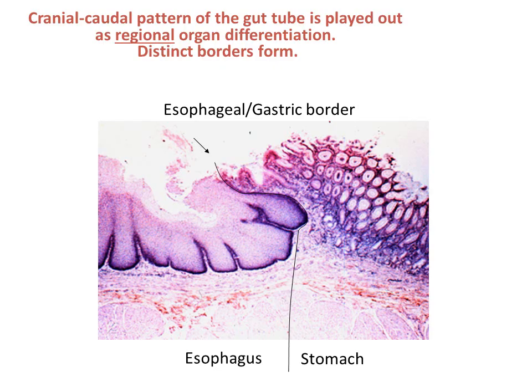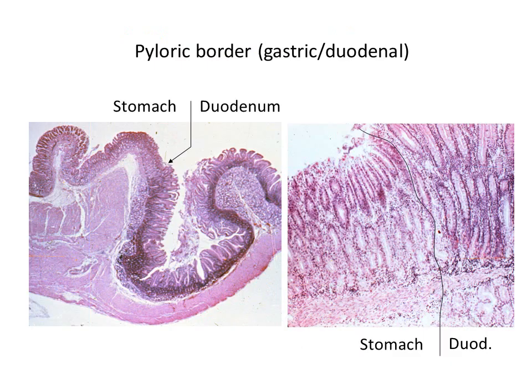There is a distinct border between them. For the pyloric border, the gastric and duodenal junction, it is also the same columnar epithelium but different in the glands. You can see there's a difference. That's the proliferation and differentiation of the endoderm and mesoderm from the different regions of the body.